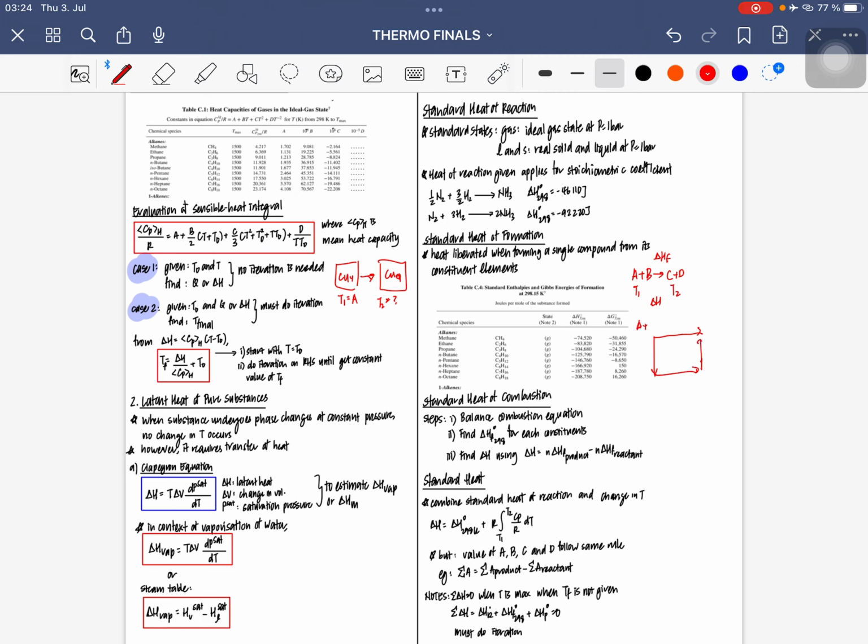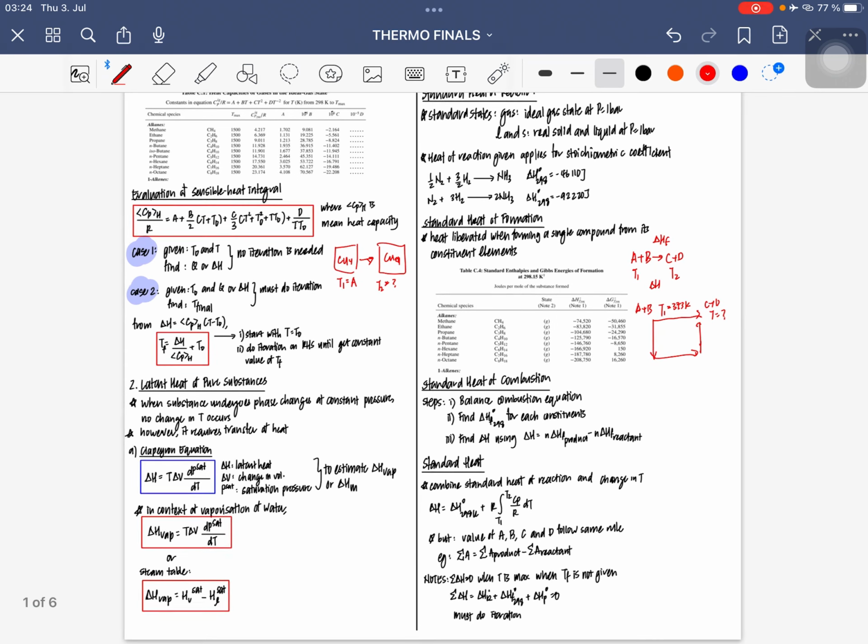So let's say you have a system of A plus B, and here usually it will be heat of reaction. Let's say at T1 you have 373K, but you don't know the final temperature, right? But here comes the tricky part.